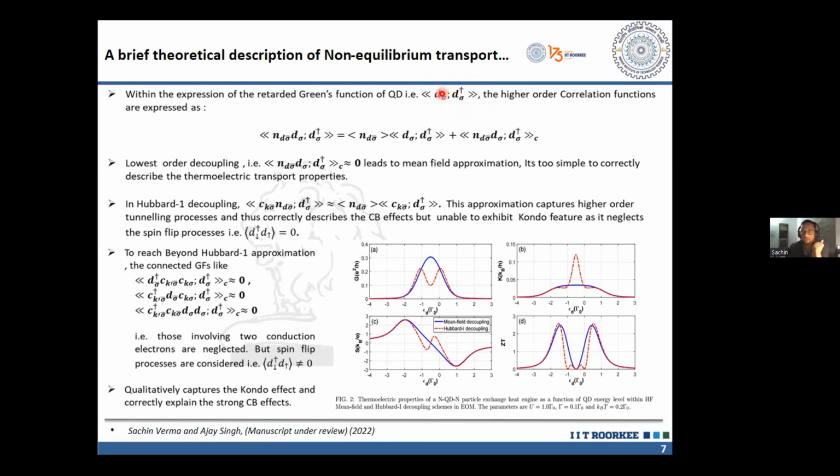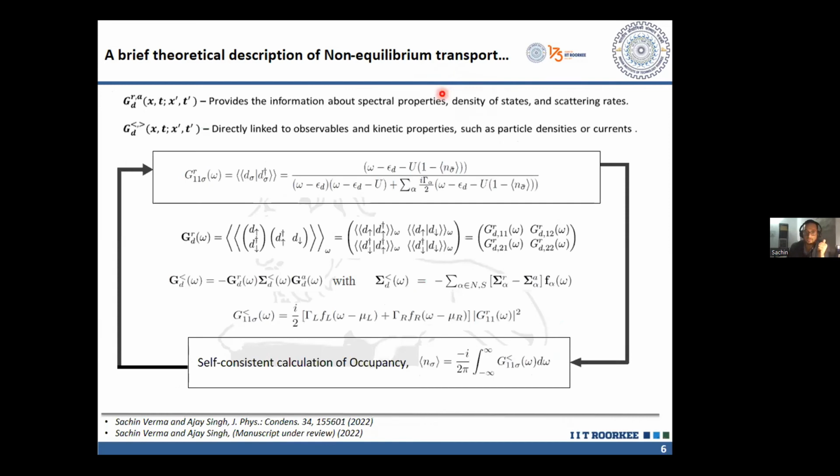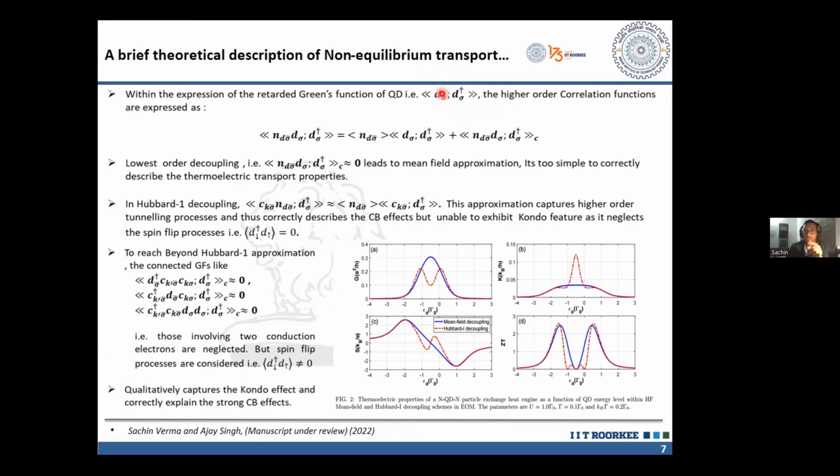If I solve this equation of motion for this Hamiltonian, then in that equation of motion one can have higher order Green functions. A Green function like this appears in that equation of motion, so one needs to calculate that kind of Green function also.